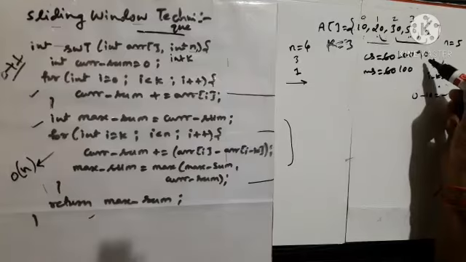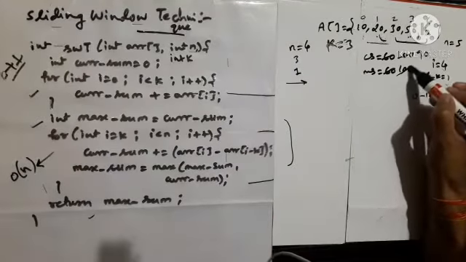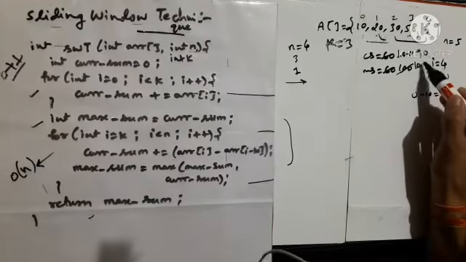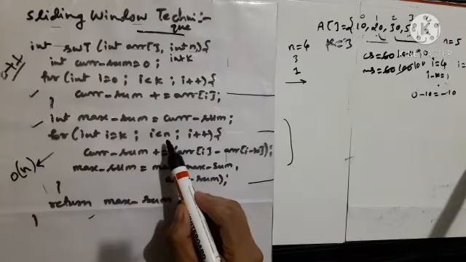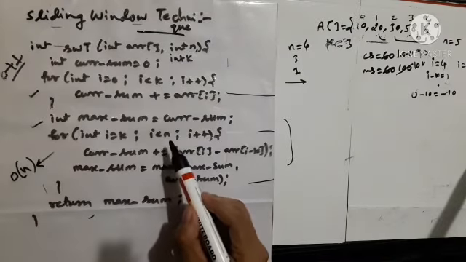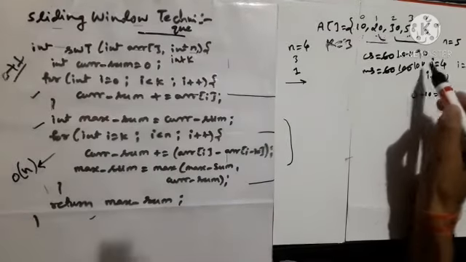Current sum contains 90 and previously max sum contains 100, so it will be 100 as it is. Now my I value becomes 5, and n is also 5, so 5 is not less than 5, 5 is equal to 5. So we have exited from this loop and we return max sum, so output is 100.